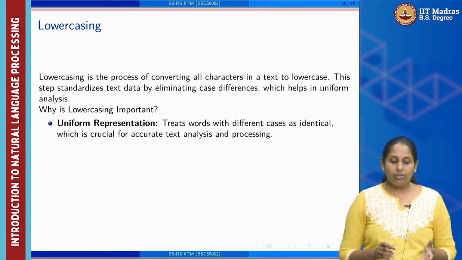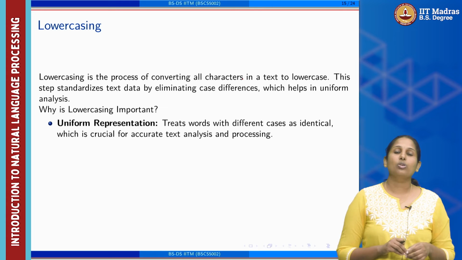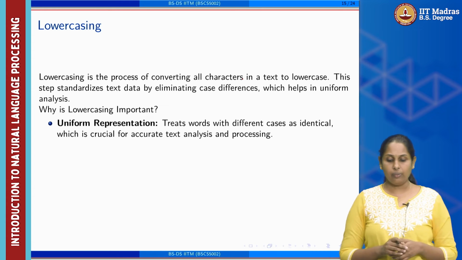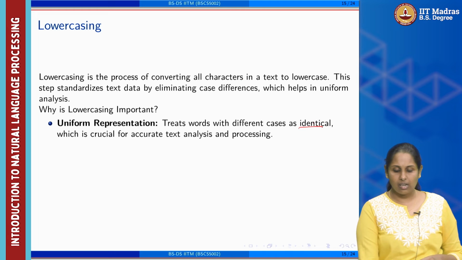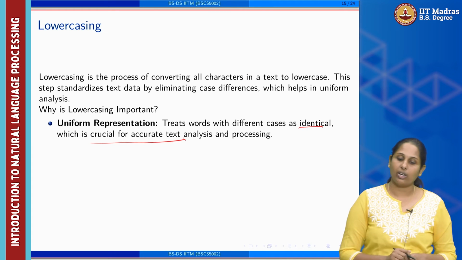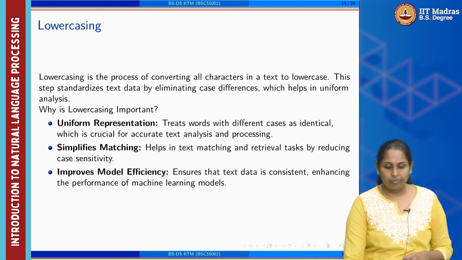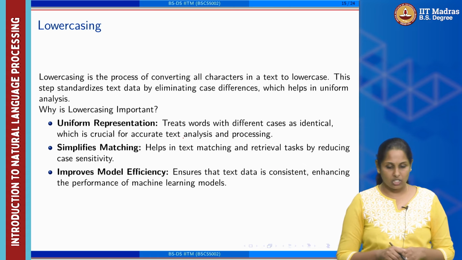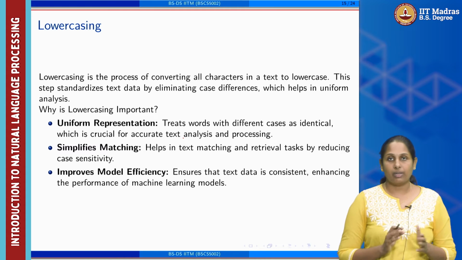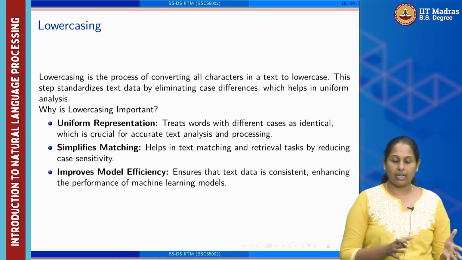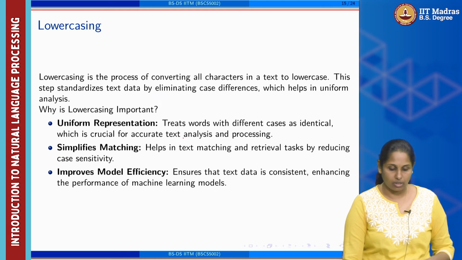Now, uniform representation is always good when we are working with bigger data, because it treats words in different cases as identical, which is crucial in accurate text analysis and processing. It simplifies our matching, and it improves our model efficiency, because when the data is consistent, it enhances the performance in a massive way.